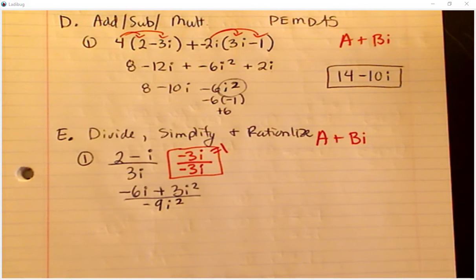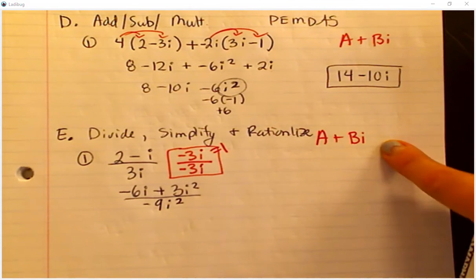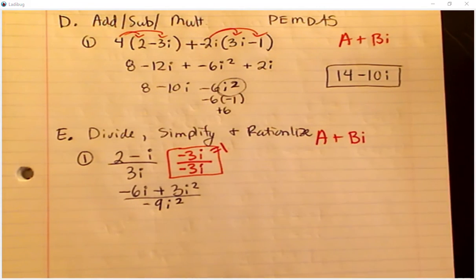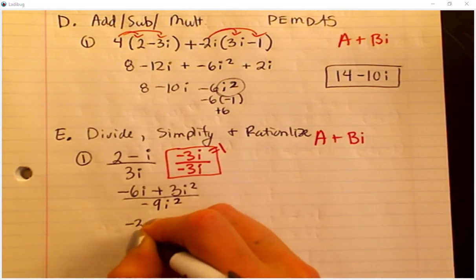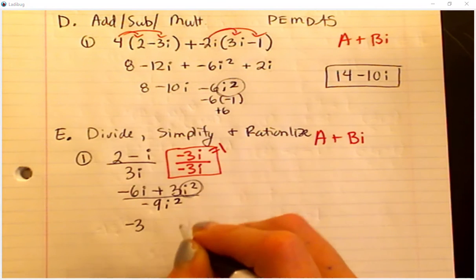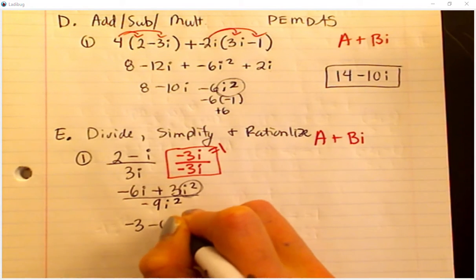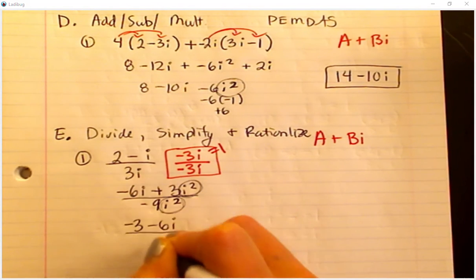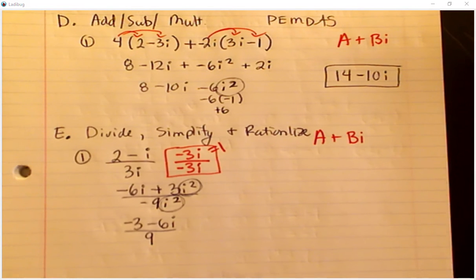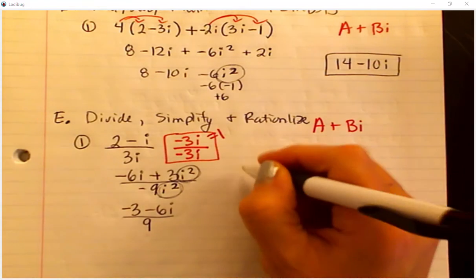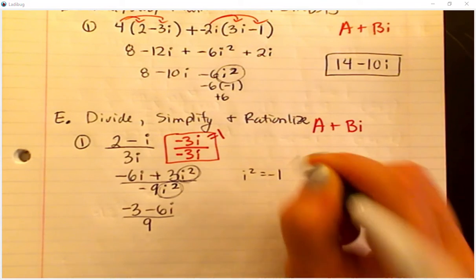Replace the powers of i because I can't have i squared, right? I'm aiming for standard form. -3 +9. I circled the places that I was replacing, right? i squared is -1.